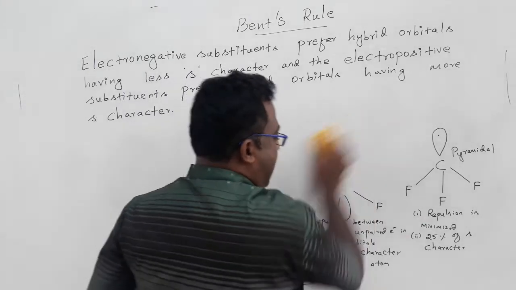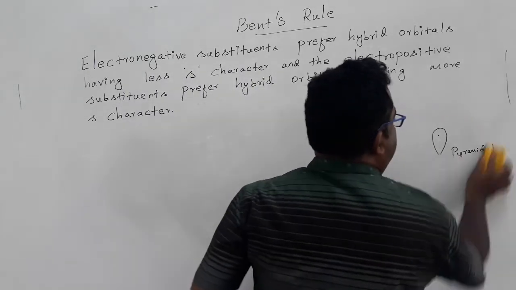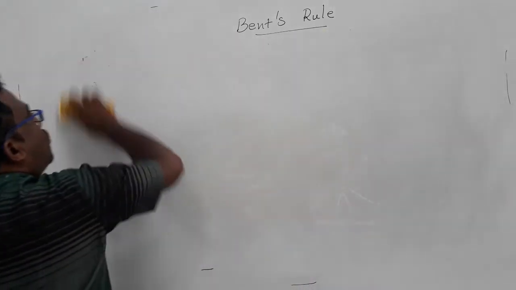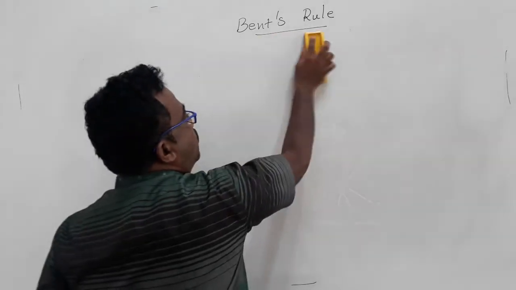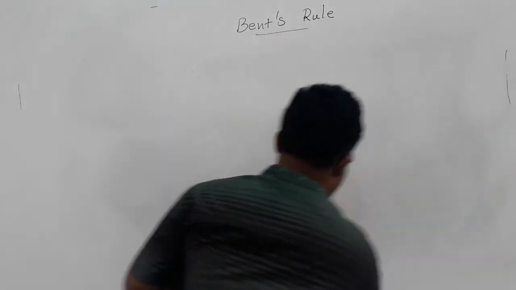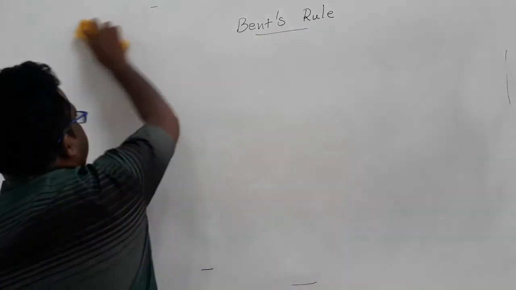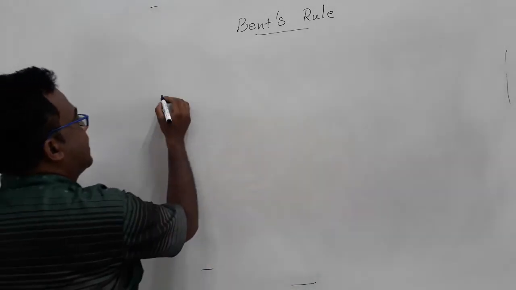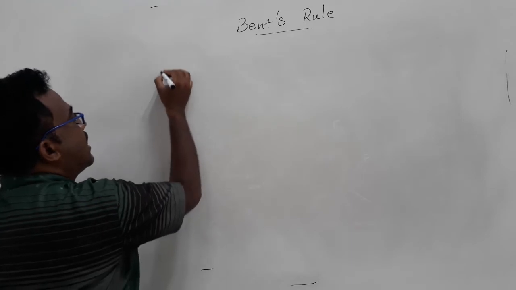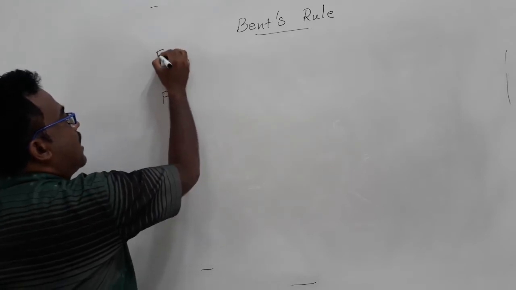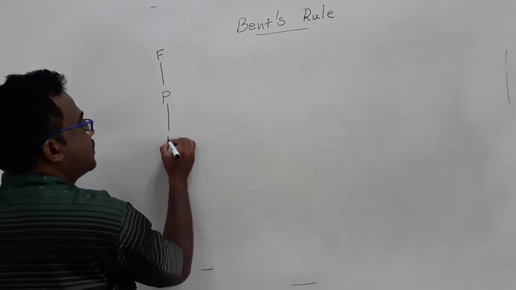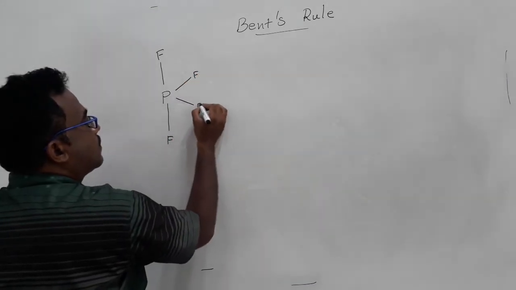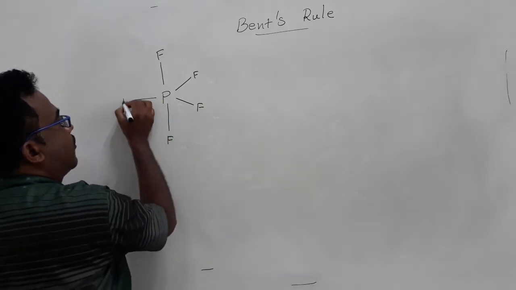Okay. Now we can go to the last comparison. I am going to compare phosphorus pentafluoride with methyl substituted derivatives. Phosphorus pentafluoride is a very well known molecule. You all know it. I have already discussed it also.